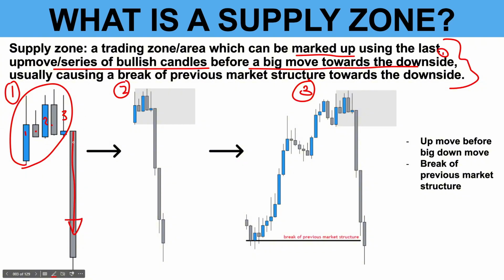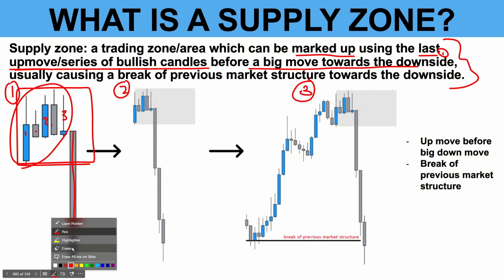Therefore, this series of candles and this final up move, if we go back to the definition, this last up move, this area is what our supply zone is, and this is how we mark it up. This is what we mark up as our supply zone. As we follow the definition, it says a supply zone is a trading zone or area which can be marked up using the last up move or series of bullish candles before a big move towards the downside.